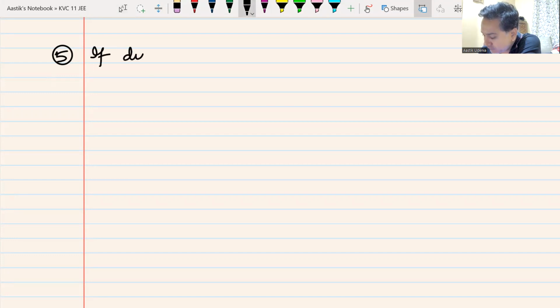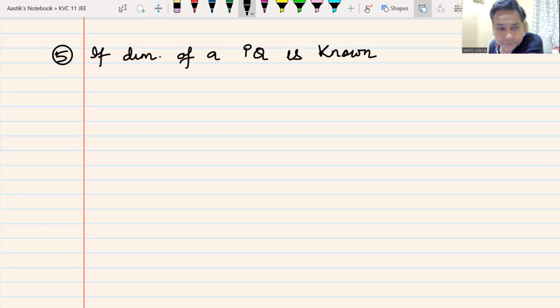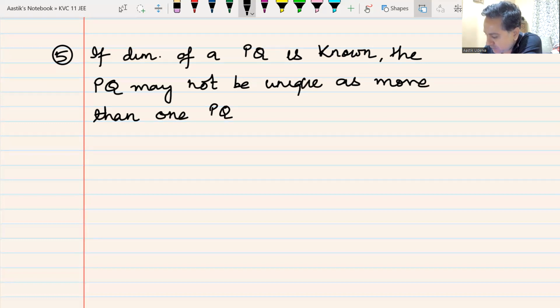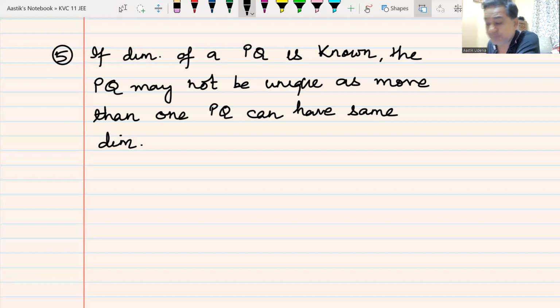If dimensions of a physical quantity are known, the physical quantity may not be unique, as more than one physical quantity can have the same dimensions, and we have seen a lot of physical quantities which have the same dimension but they are not the same.